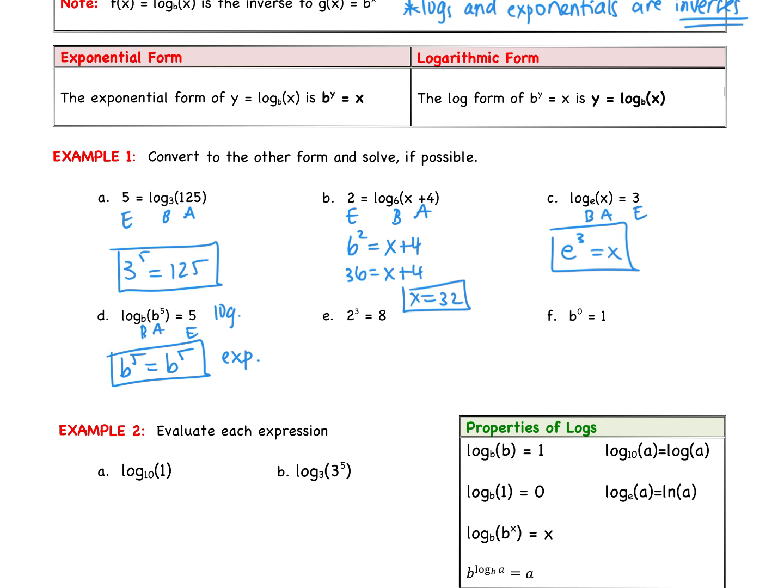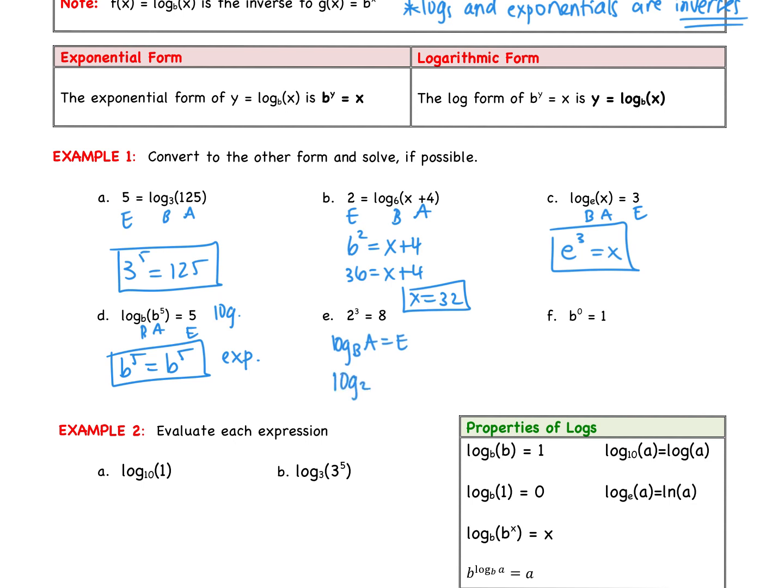Okay, so in E and F, we are in exponential form. We need to put it in log form. The general is log, again, base, argument, exponent. So in the equation that we have, the base is 2. So we have log of 2. A stands for argument.